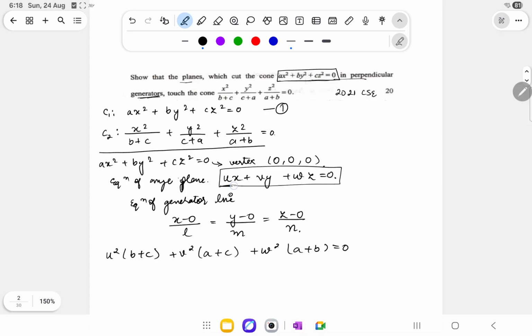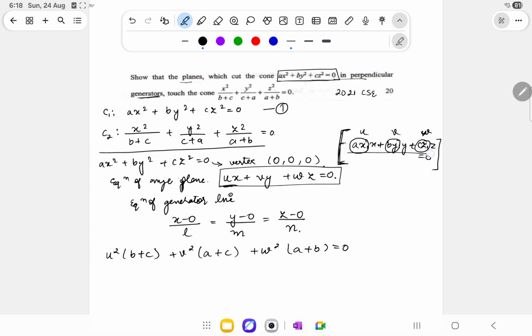Also, I got this equation of plane because the equation of any tangent plane to the given cone will be a x1 x plus b y1 y plus c z1 z equals to 0. So I have assumed a x1 as u, b y1 as v and c z1 as w, just to simplify the process.